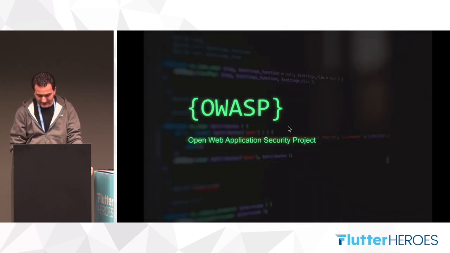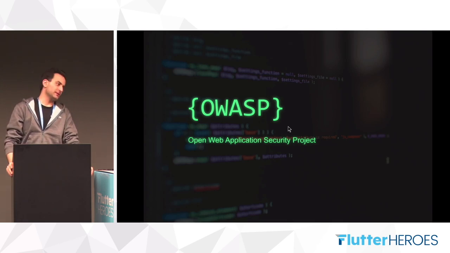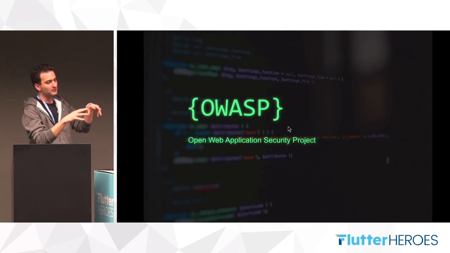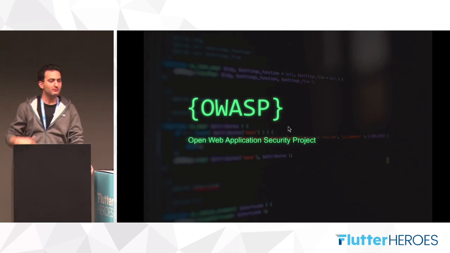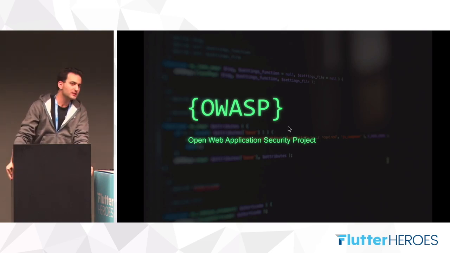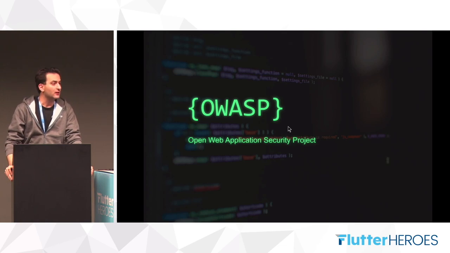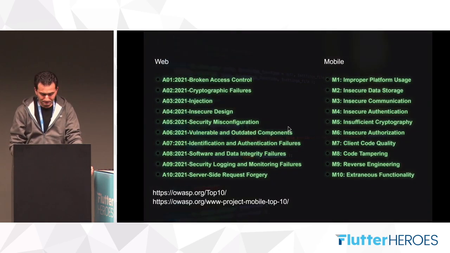Okay, let's get into OWASP. The Open Web Application Security Project started a few years ago with a focus on web. But with the emergence of mobile application development, of course, there are now new security risks for mobile as well. So they always recommend a top 10 security risks.